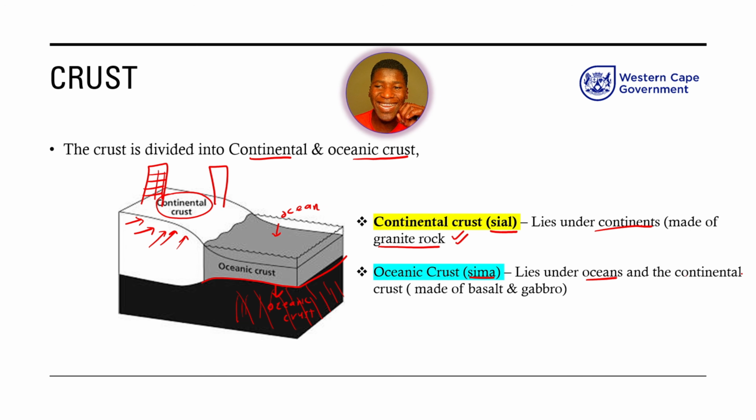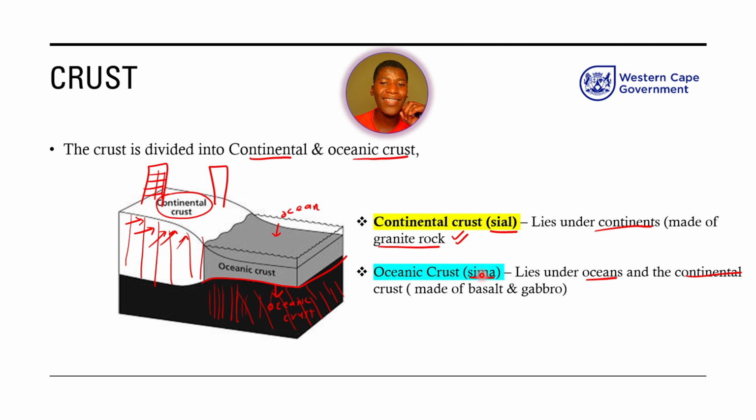It also lies under the continental crust, because remember we said that the continental crust is this layer that is lying under continents, the white one. And then the oceanic crust is the one that is lying under oceans. So the oceanic crust also lies under the continental crust itself. You can see from the image that this black layer, which represents the oceanic crust, is lying under the continental crust as well as under the oceans.